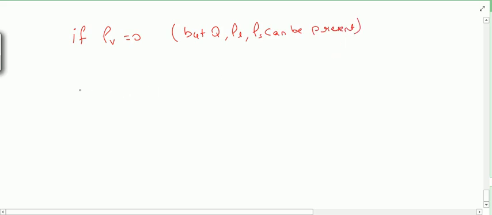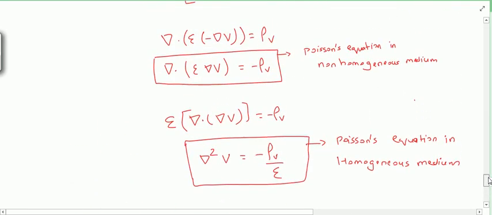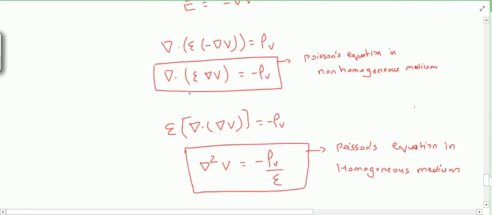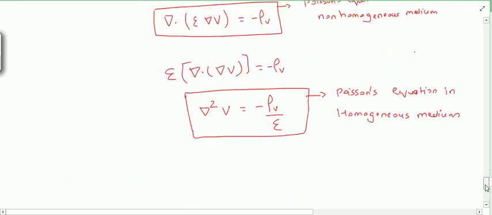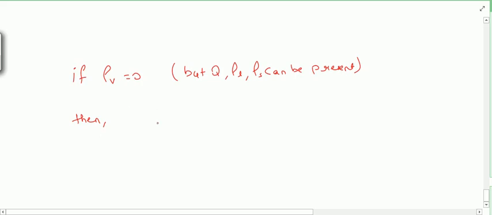So if rho v is 0, what happens to the equation I wrote for non-homogeneous medium? On the right-hand side it will be 0, so only del dot epsilon del V remains. So I can write del dot epsilon del V equals 0.